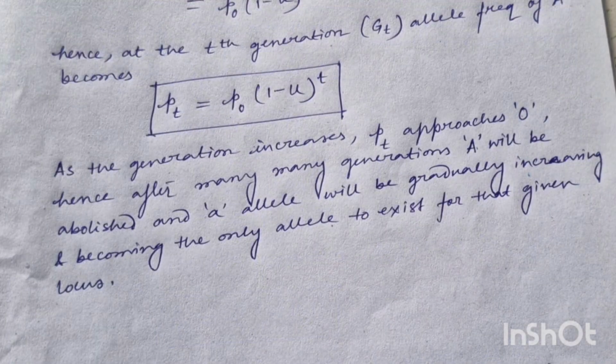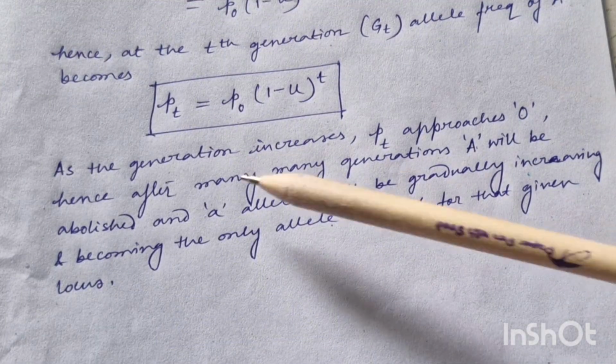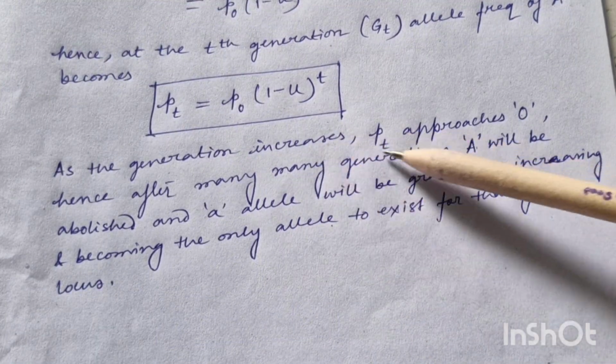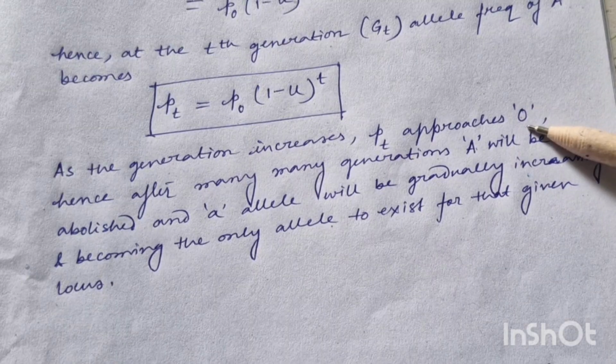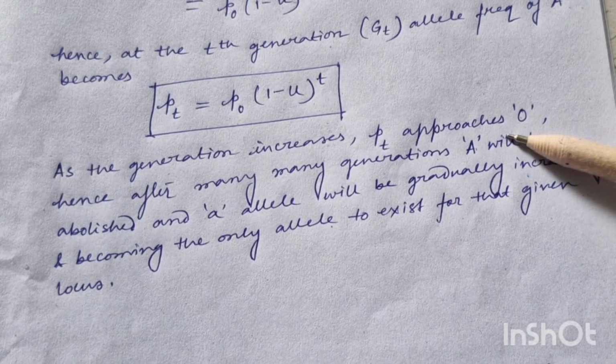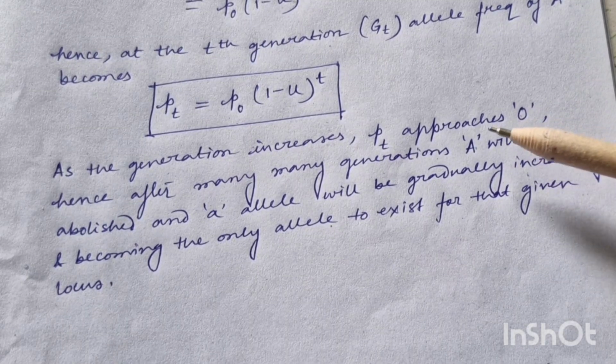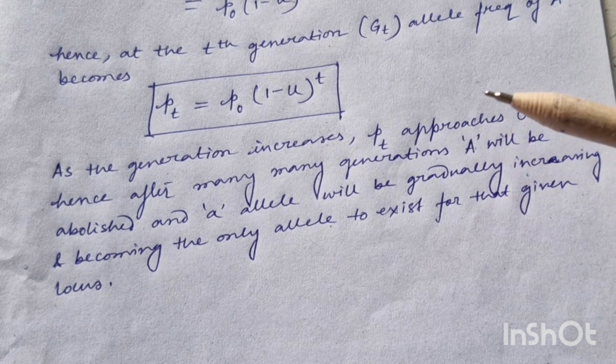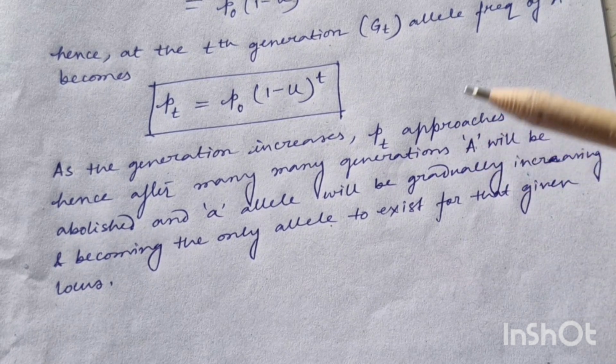Okay. So from this we can clearly see that as the generation increases, the PT approaches 0, because in every generation some proportion of capital A is getting converted to small a allele.